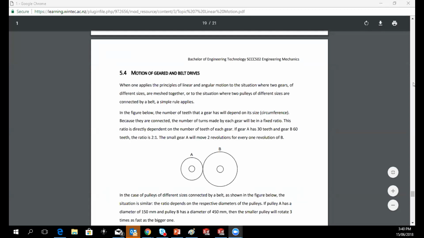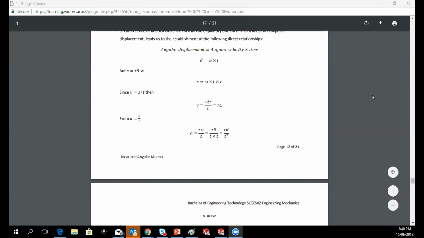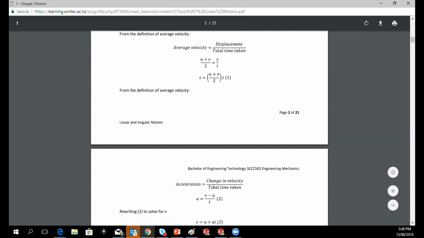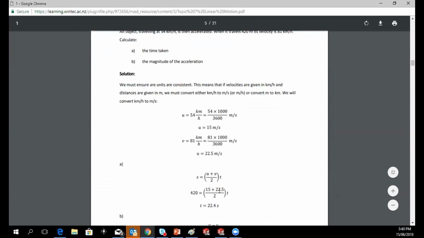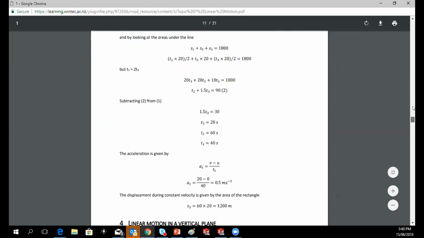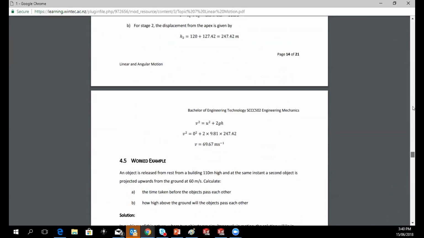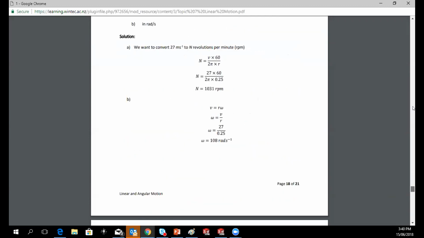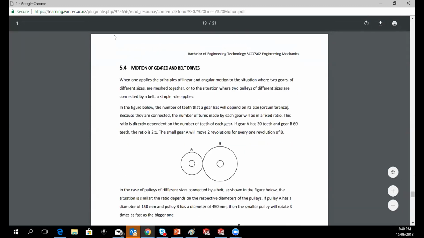So these are the lecture notes for linear and angular motion. This lecture will tell you about many things, but the topic related to this example is actually at the end: motion of geared and belt drives.